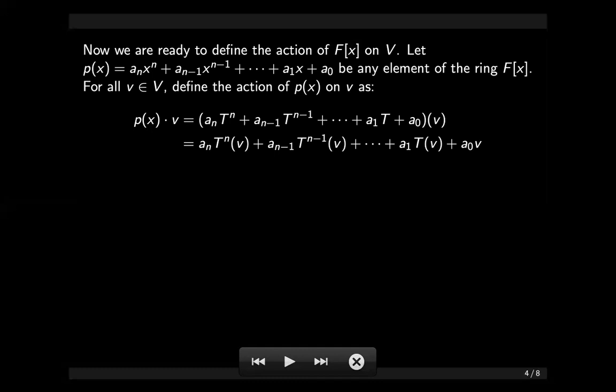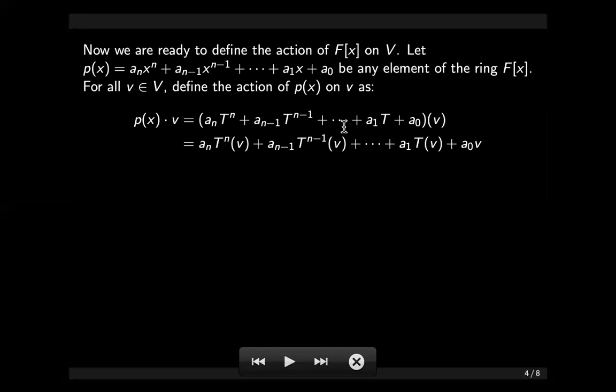Now this application makes sense, as we've proven before, or as I gave as a definition before, that an arbitrary linear combination of linear transformations is again a linear transformation. So this indeed does make sense. And these powers are again linear transformations.